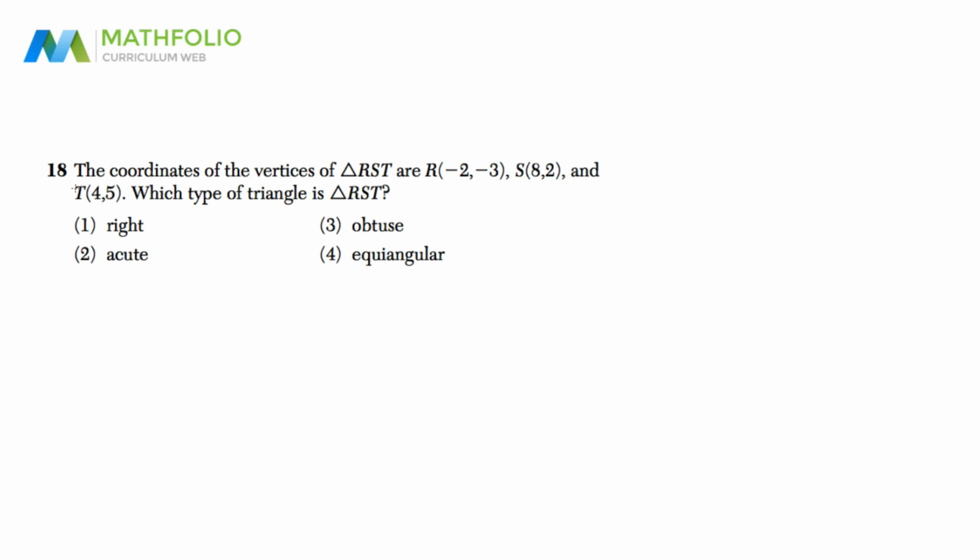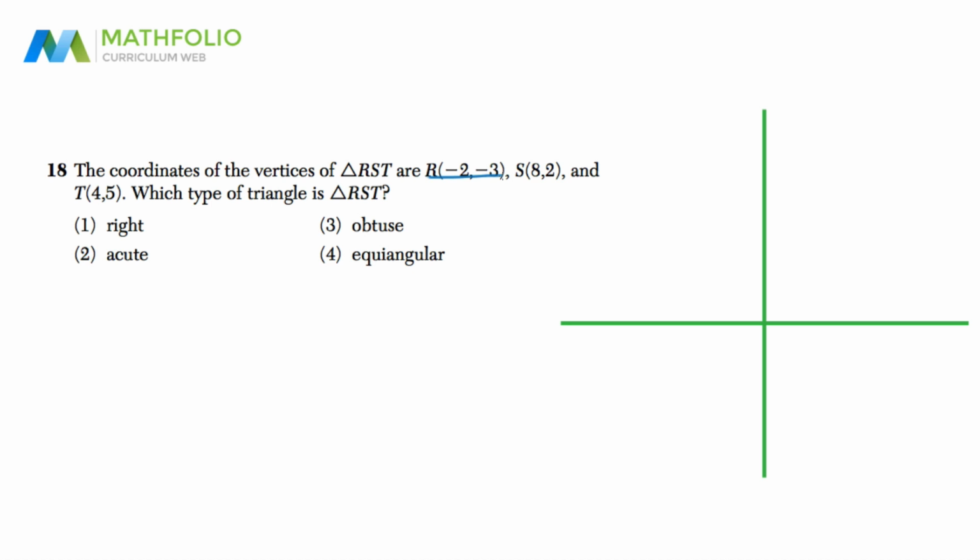Okay, 18. The coordinates of the vertices of RST are these, and then it asks which type of triangle is RST. So let's just plot them. I'm going to grab the straight line tool. Let's plot some points.